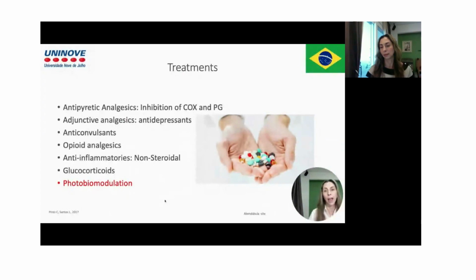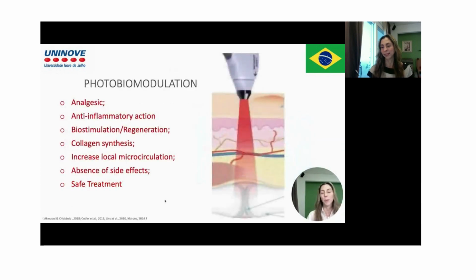And you also have photobiomodulation. With photobiomodulation, we have no risk of dependence and overdose. Photobiomodulation promotes analgesic and anti-inflammatory actions, biostimulation, regeneration, collagen synthesis, increased local microcirculation, and absence of side effects. Photobiomodulation is a safe treatment.